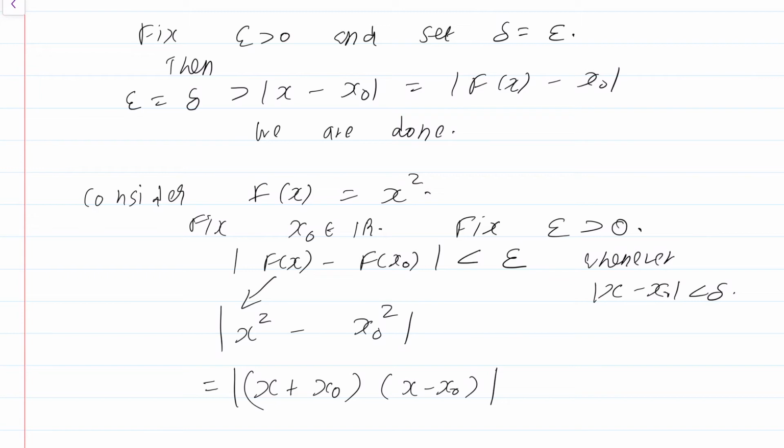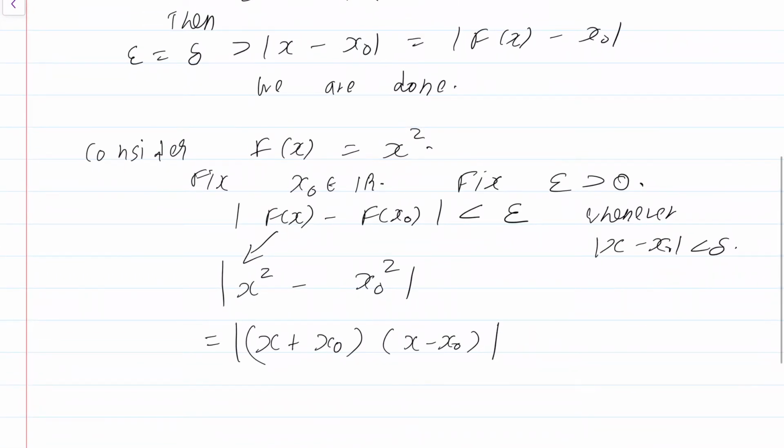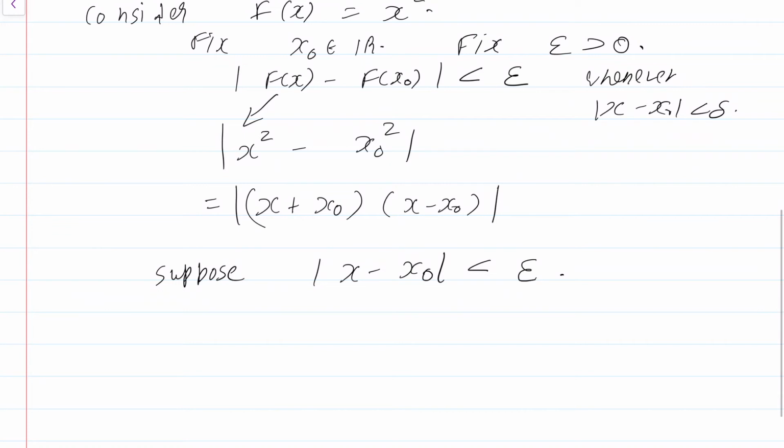Okay, now suppose mod x minus x naught is less than epsilon.